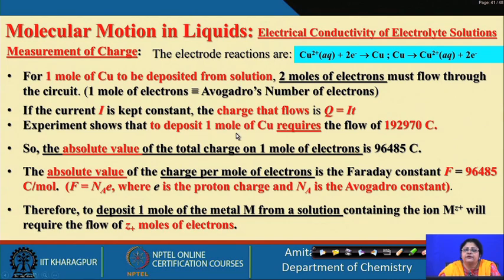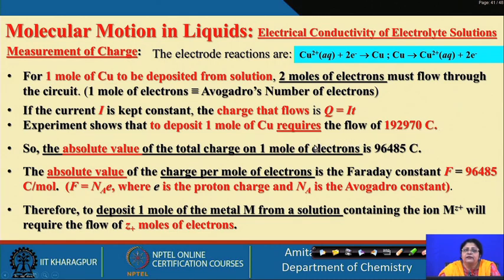So, if we perform this experiment, experiments show that to deposit 1 mole of copper, how much charge is required? The flow of charge is 192970 coulombs. This is our experimental result.